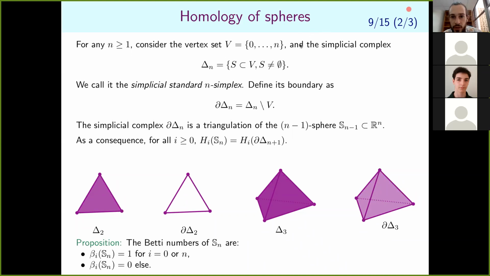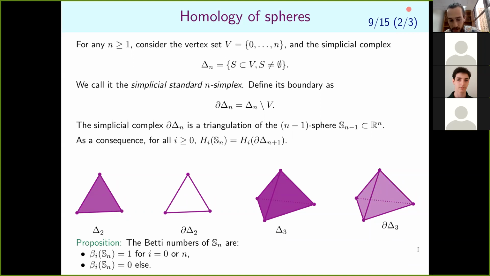Okay, I will write in the chat. Beta 0 of the sphere of dimension 2 is 1, beta 1 of the sphere of dimension 2 is 0, and beta 2 is 1.